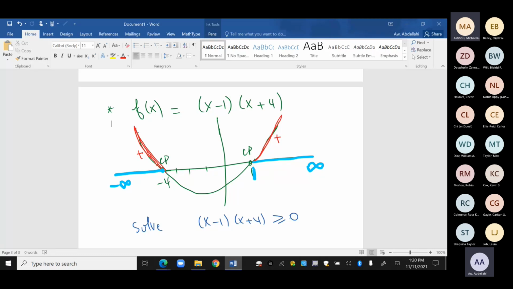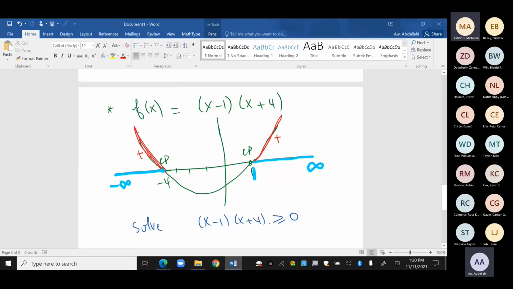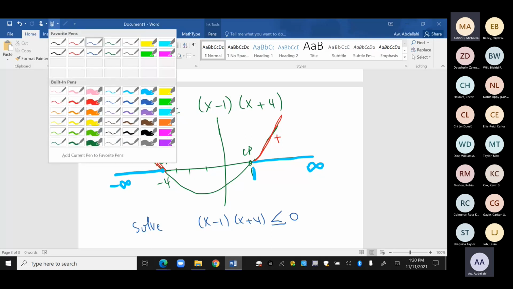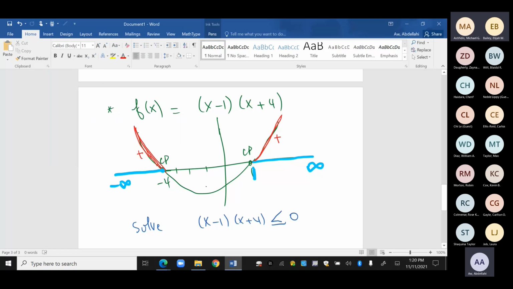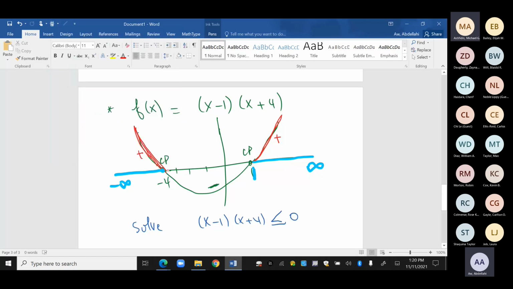If somebody else asks me to solve this, less than 0, I have to look where the graph is under the x-axis, which is here. Between what x and what x is the graph under the x-axis?